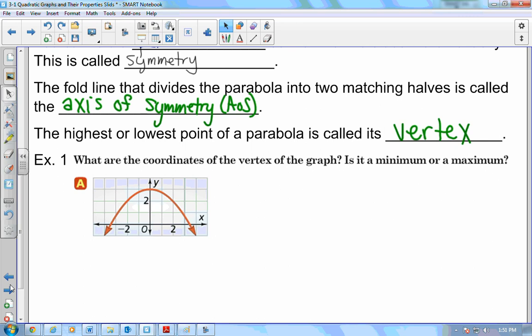Sketch the graph so you have it in your notes so you know what that means. Maximum or minimum? That's part of the answer. So make sure you fully read the directions.